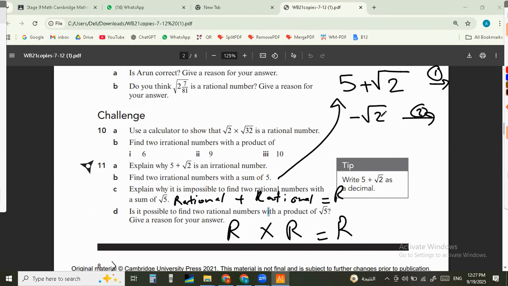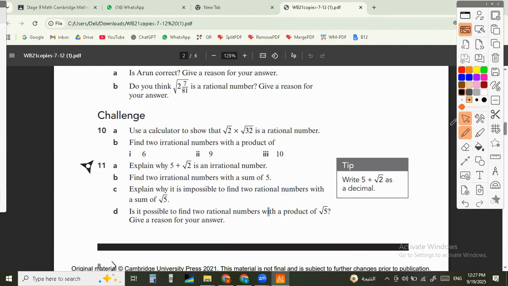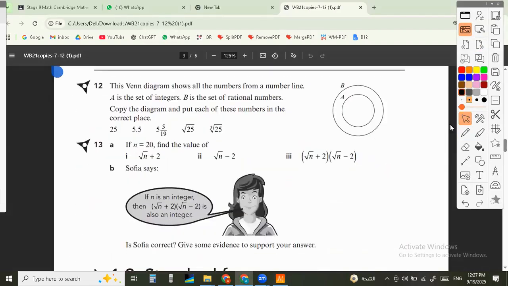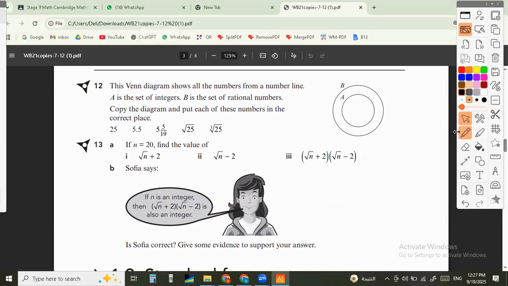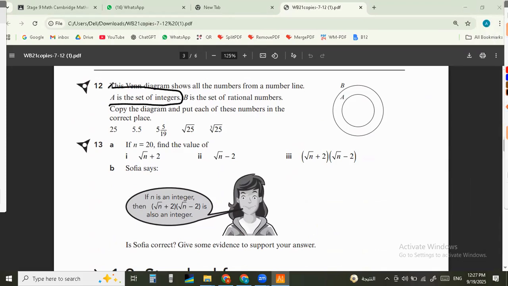All right. So, next question. This Venn diagram shows all the numbers from a number line. A is the set of integers. So A is integers. B is rational numbers. Copy the diagram.